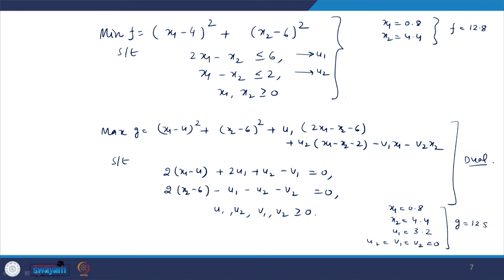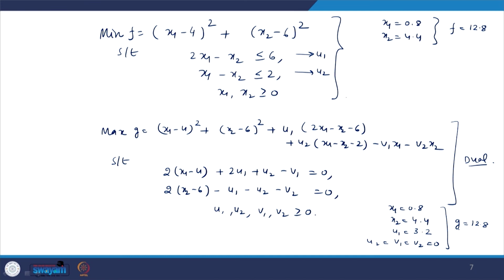You can verify very easily, because when x1 is 0.8 and x2 is 4.4, this is 0, and u2, v1, v2 are already 0. So, this whole quantity is 0. We are left with only these two terms, which are the same as the two terms of f. So, this is nothing but the same objective value.